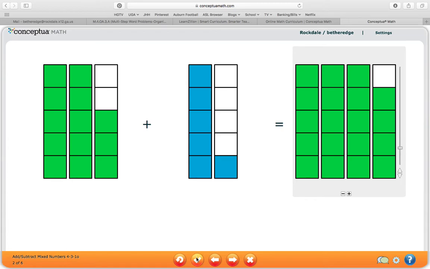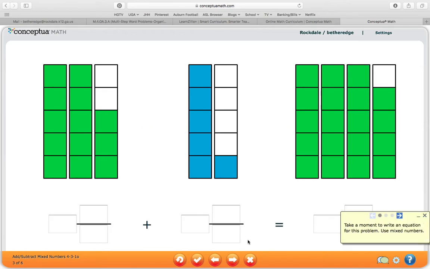So I'm going to check that by clicking the arrow. And we got our model correct, and it changes it and shows me the blue part here. If I count up the number of blue squares, it should be exactly equal to the number of blue squares here. I'm going to keep going, and you're going to have a chance to fill in the numbers and make an equation.